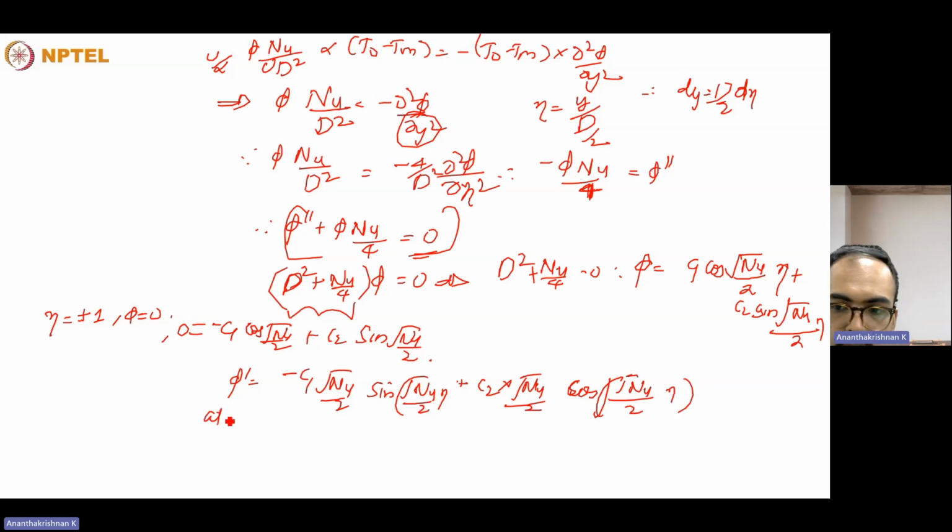So at eta is equal to 0, phi dash is equal to 0. That is another boundary condition.